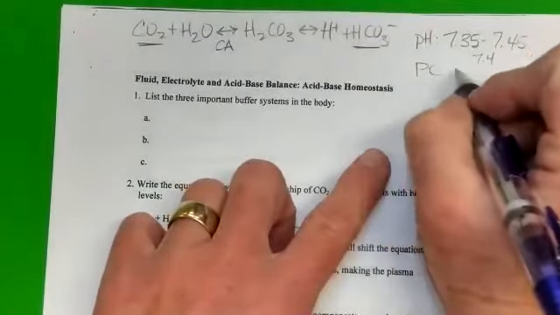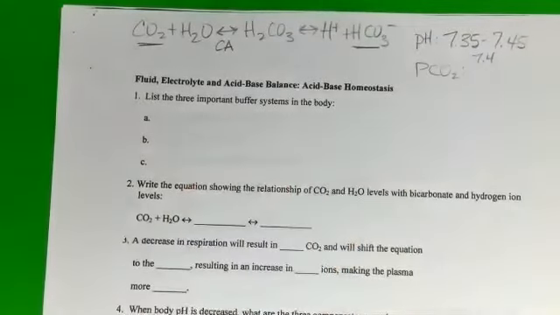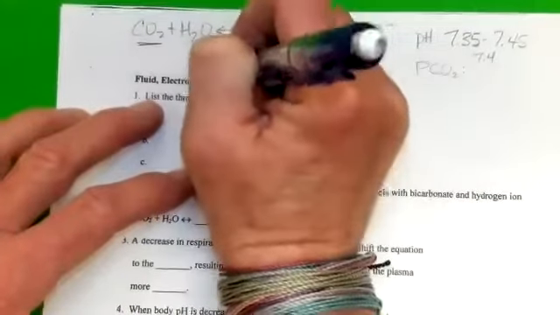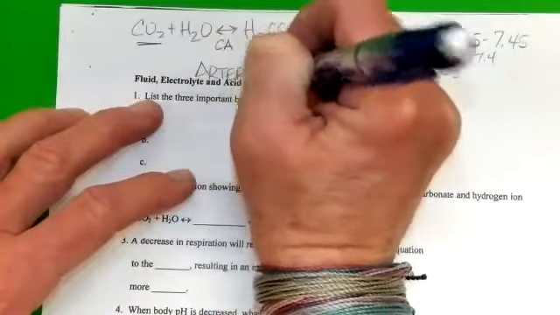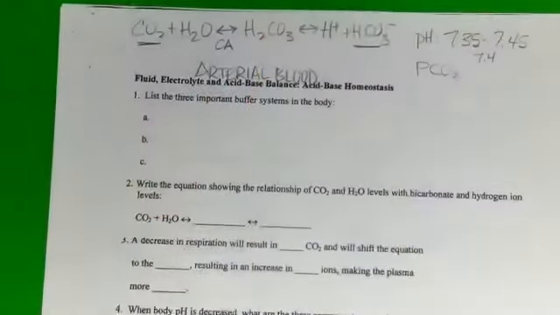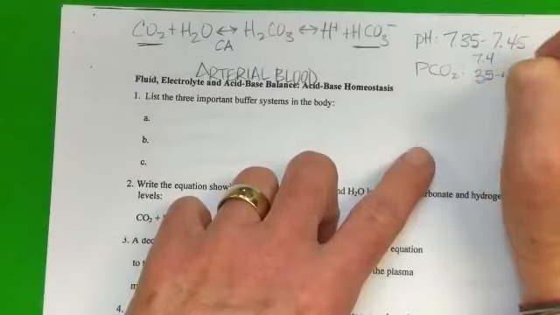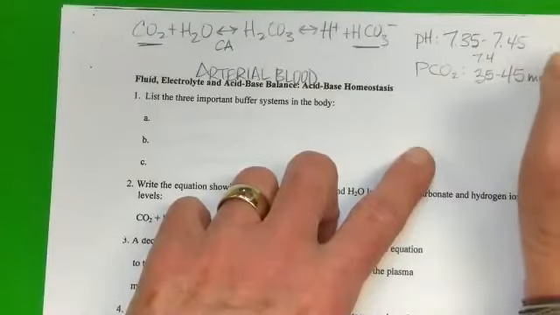So here is the next value that you need to know as far as homeostasis is concerned. So PCO2 of our arterial blood. And so we're looking at arterial blood, and I'll explain why in just a sec. Okay, so arterial blood, our PCO2 should be between 35 and 45 millimeters of mercury.